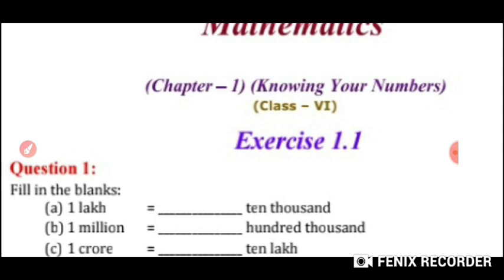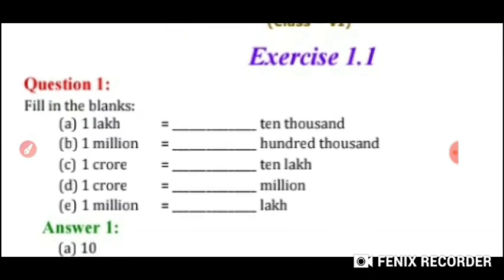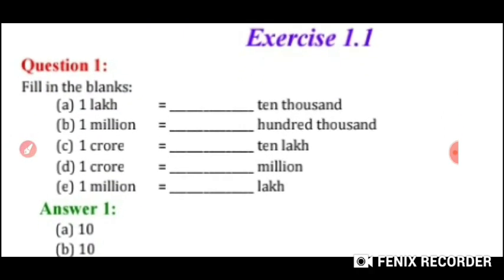Exercise 1.1, question number 1, fill in the blanks. 1 lakh equals dash: 10,000. Okay, in 1 lakh, how many 10,000s are there? 10 are there. 1 million equals dash 100,000.